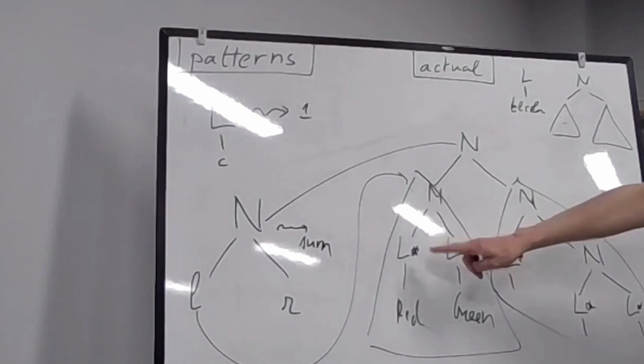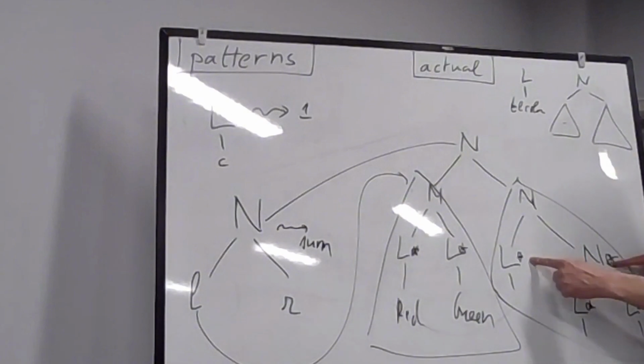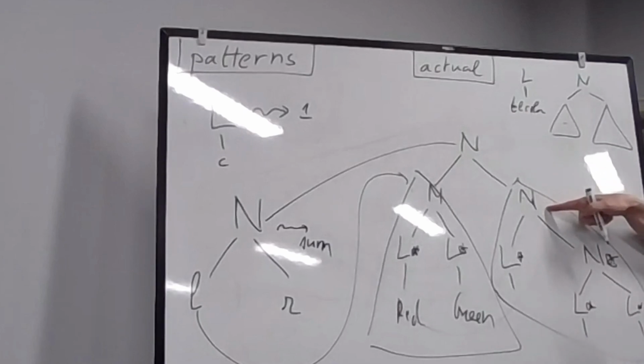So I know the answer at the bottom of my tree. Okay, and then for instance consider this one. I know the answer here, but if I know the answer here and here, I can compute the answer here. Just make the sum. Okay, so this one is a star again. Okay, so I have the answer here.